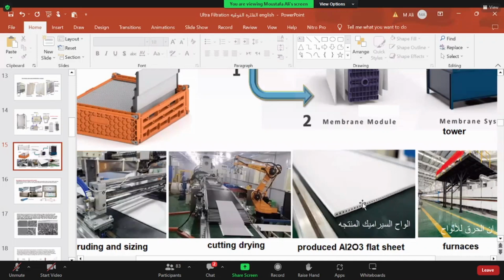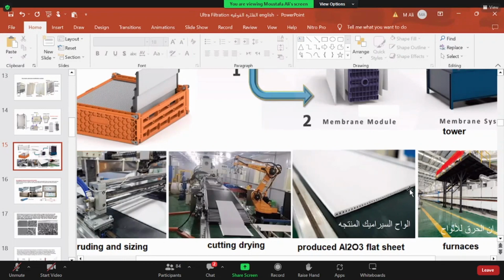The particle size of the ceramic material used for this is around 10 to 50 micron. So we have it from coarse material. This is the basic frame for the ceramic membrane. It is formed from coarse material in the beginning, ranging in size between 10 to 50 micron particles.